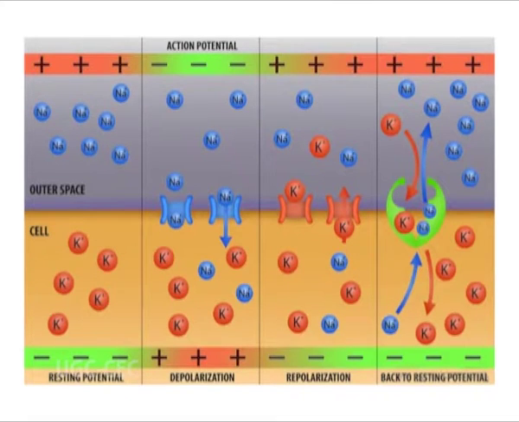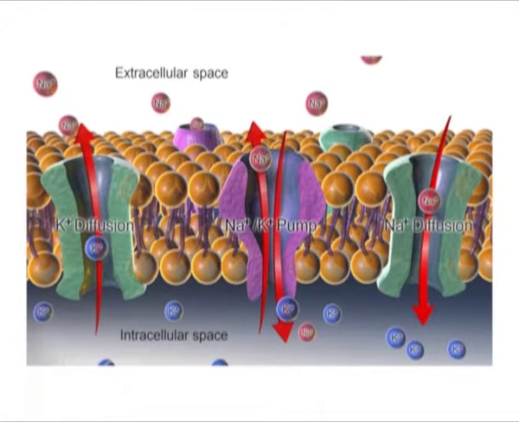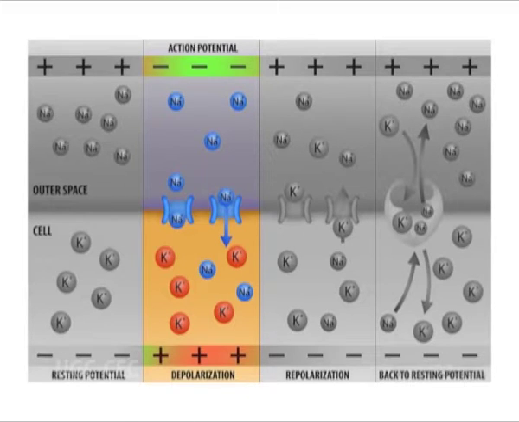When the sinoatrial cells are resting, they have a negative charge on their membranes. However, a rapid influx of sodium ions causes the membrane's charge to become positive. This is called depolarization and occurs spontaneously.